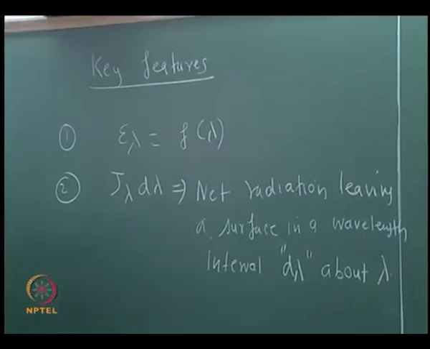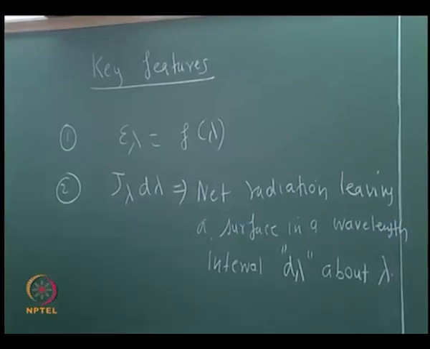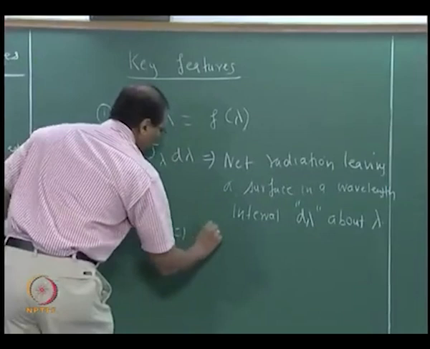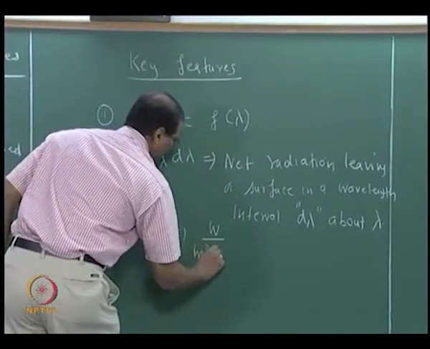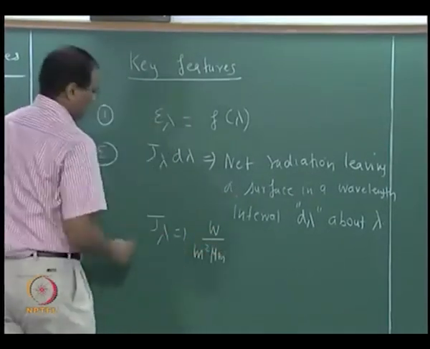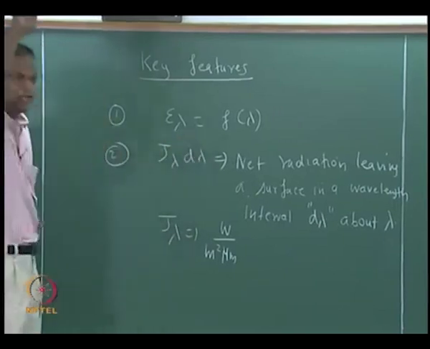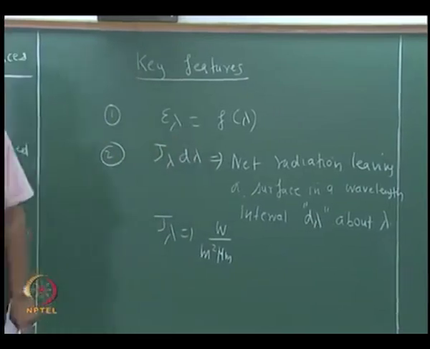What should be the units of J lambda? Watts per meter square per micrometer, so that when it is multiplied by micrometer, you get watts per meter square, which is the original unit for radiosity.